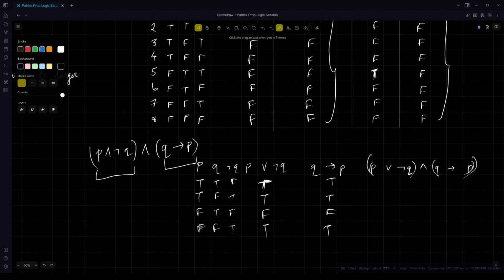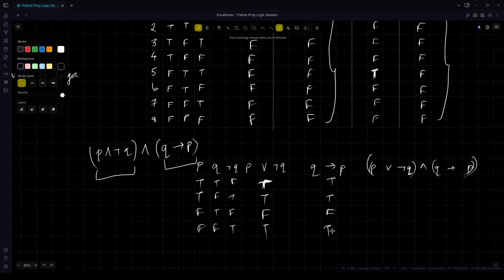So here the antecedent is true and the consequent is false, so the conditional is false. Here the antecedent is false and the consequent is true. That's true. Both of them are true, that's also true, and this is also true.